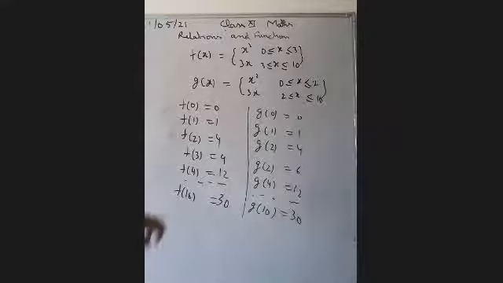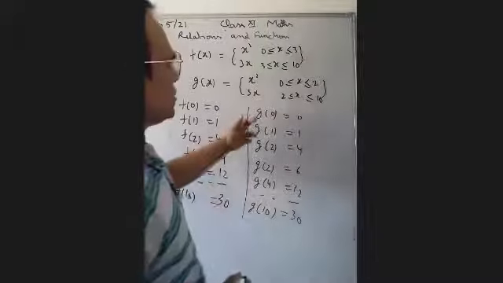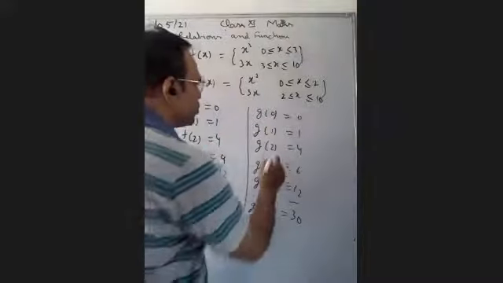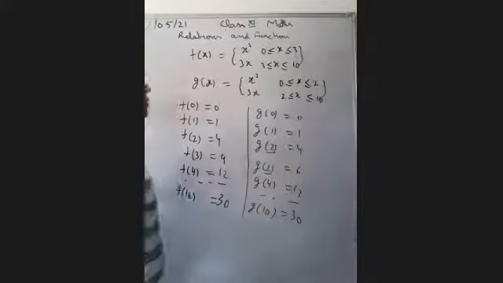So what is the difference between these two relations? Here we are observing that different elements have different images. But here we are observing that the same element 2 has a different image. Okay.